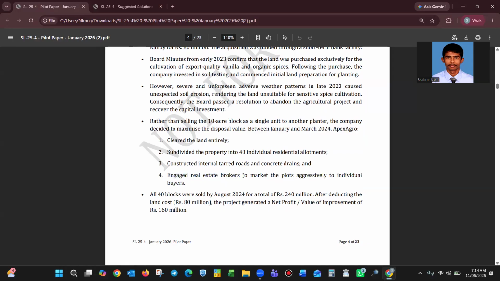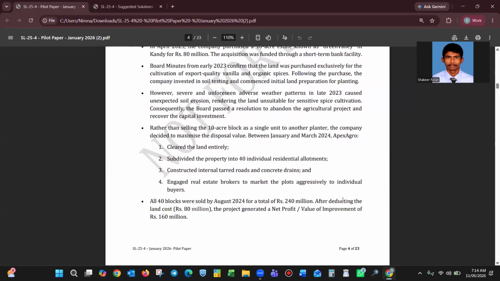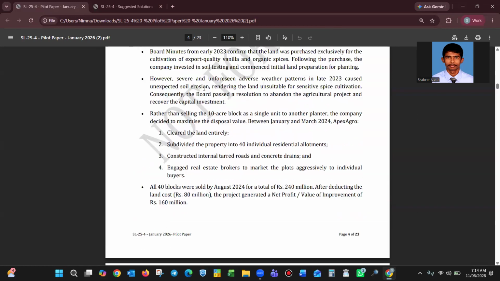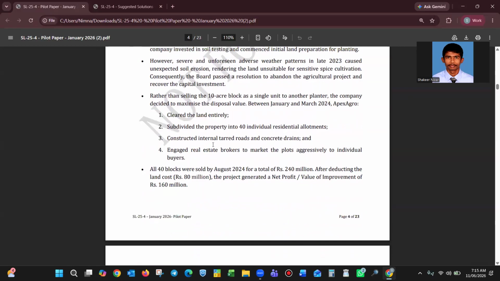All 40 were sold for 240 million. 240 minus 80 means a gain of 160 million after deducting the land cost of 80 million. Because this is not a land business company, this is a gain on realization of an investment asset.